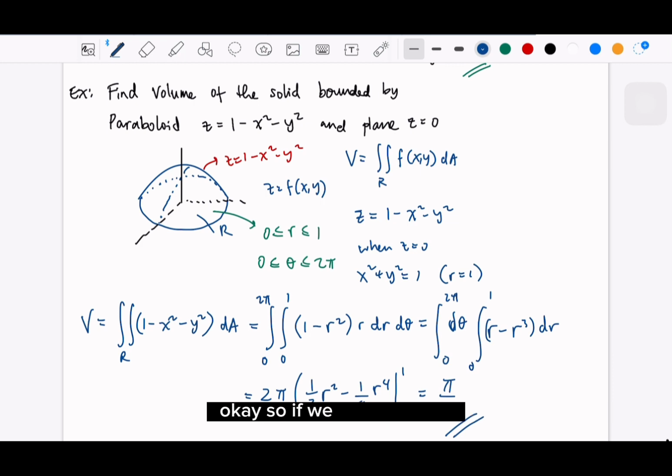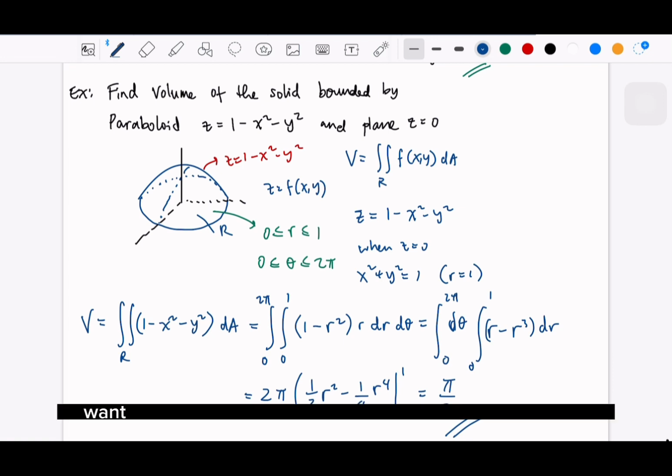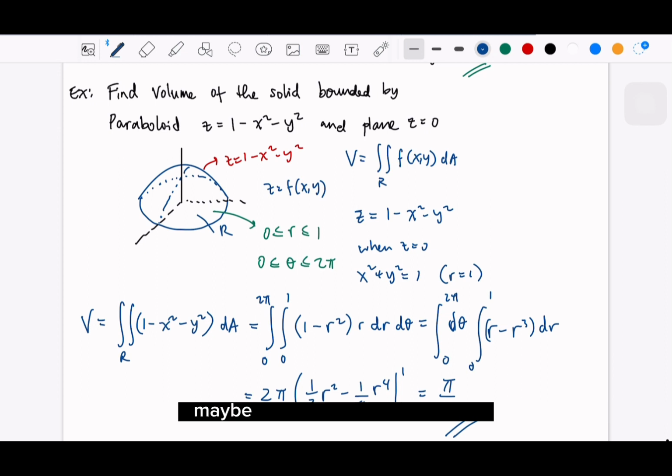Okay, so if we have another polar curve that we want to evaluate the area between, maybe we have two polar curves. It's pretty similar to what we had before.